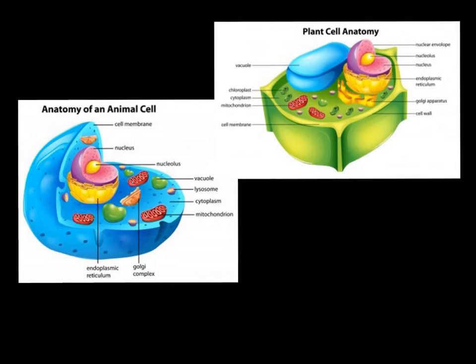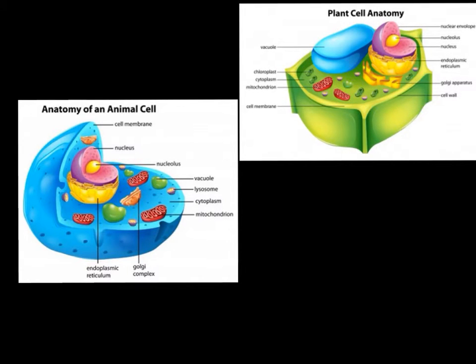Now, the cell wall is only on a plant cell, because if an animal cell had a cell wall, then the animal couldn't move. The cell wall's purpose is to keep the structure of the plant so the plant can grow up very tall, and so the plant can thrive.